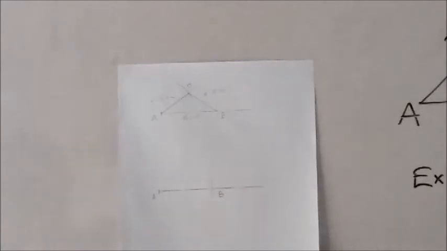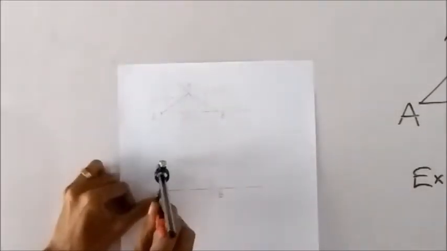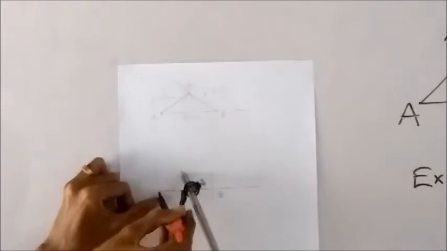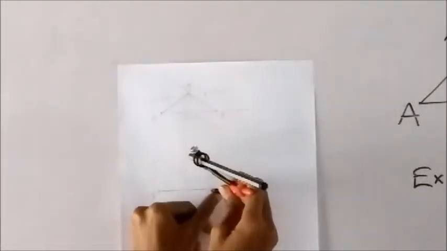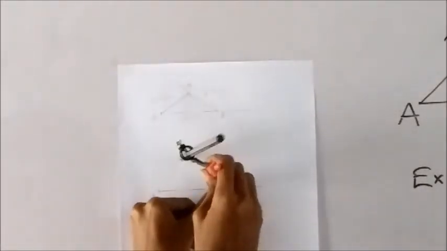Next, I need to measure 3 centimeters. After measuring these 3 centimeters, I am placing the middle point at A and drawing a free arc. Then again to that side we want 5 centimeters, so need to measure 5 centimeters and placing the middle point at point B, we will cut the previous arc.